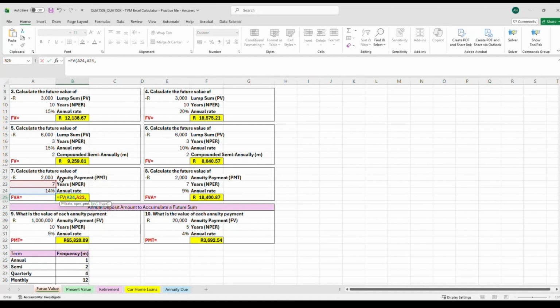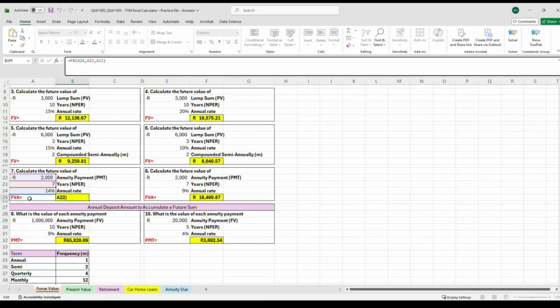However, on this one, we do have a PMT. So now we will select the PMT, which is this, as you can see. Then you're going to close your bracket because you don't need anything else, you just need 3 of the things. We don't have a PV on here. You just need 3 things to complete your equation. And then you just close your bracket and press enter. Then that's your formula for that one.